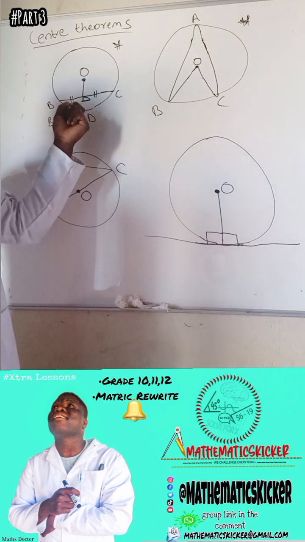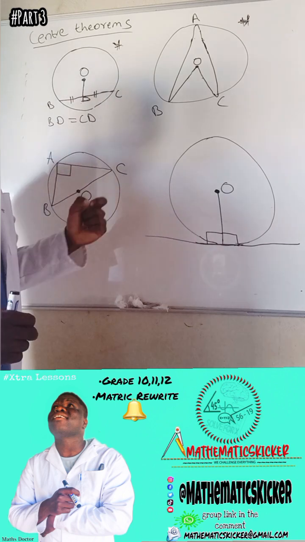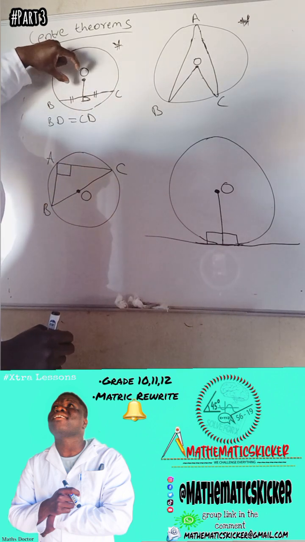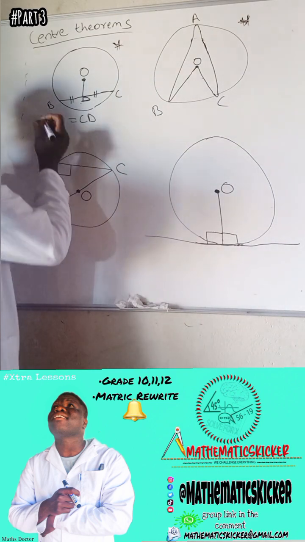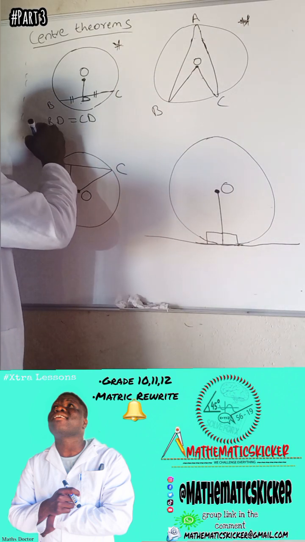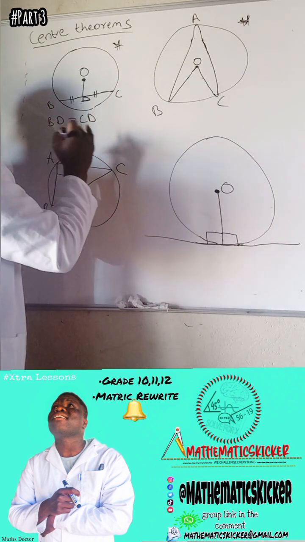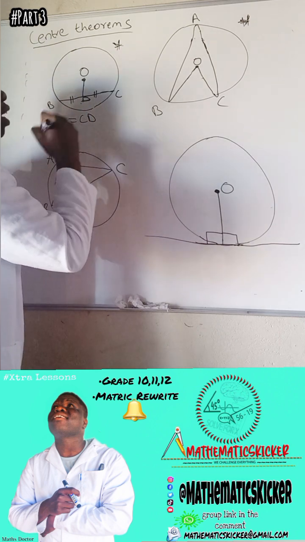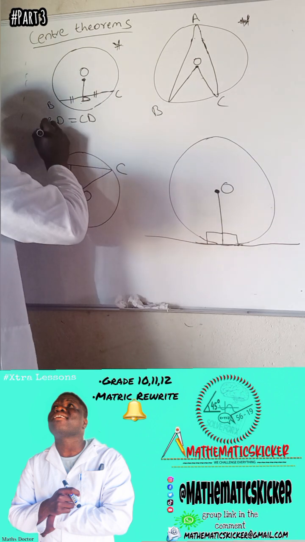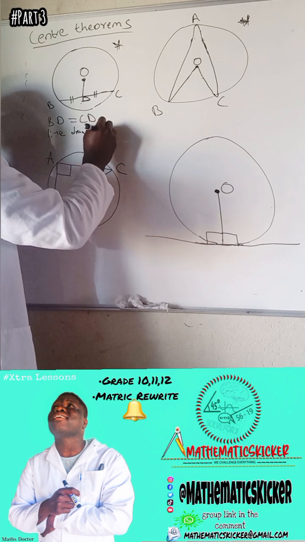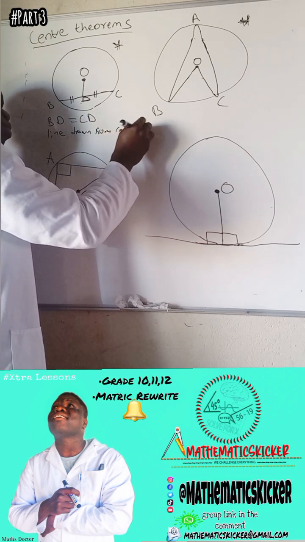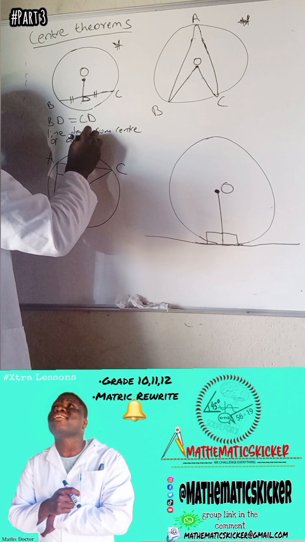For the statement you'll say: a line drawn from the center of a circle perpendicular to a chord bisects the chord. You can write it down. Then to conclude, BD is equal to CD. The reason is: line drawn from the center of a circle.